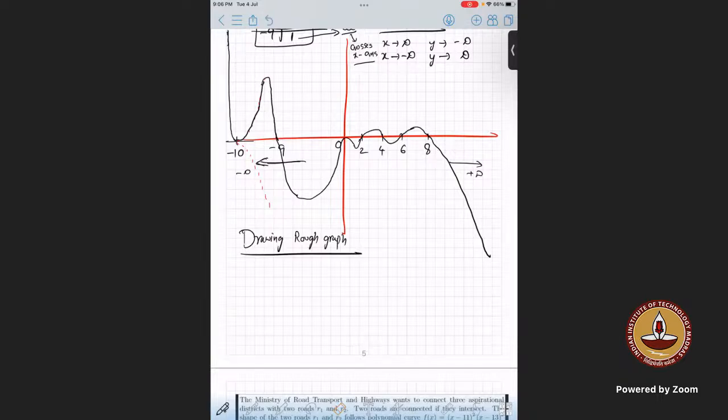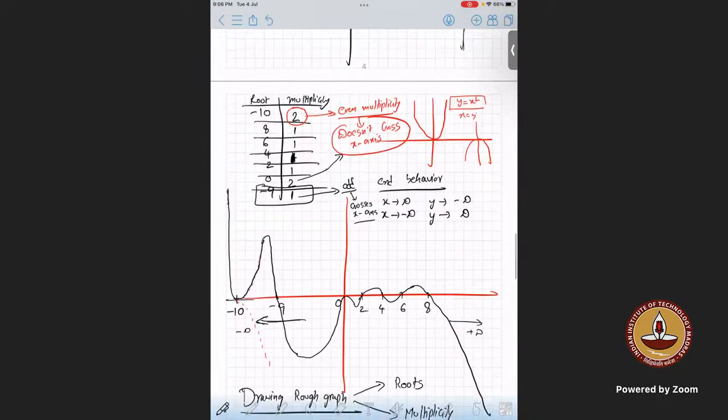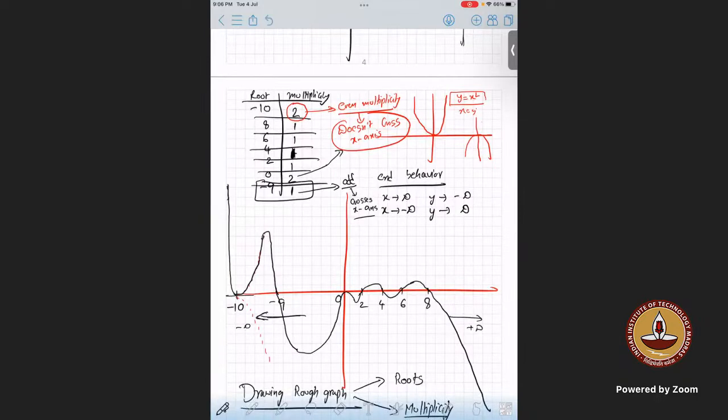One, roots and multiplicity. How many times does a root repeat? Here we got root minus 10, it repeated 2 times.